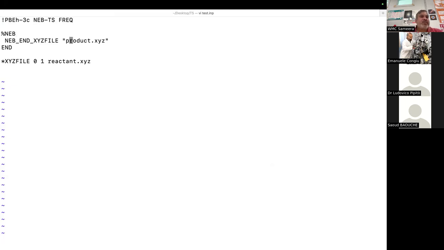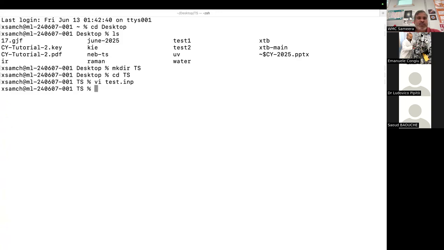For the NEB calculation, we give the reactant and product structures. So we must give the reactant and product structures in the input file, and in the same directory we must place the product and reactant structures.